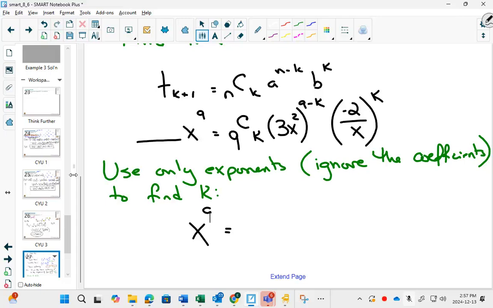And the negative 2 to the k is going to be a number. I'm going to ignore it for now. I'm just going to look at my x's and the exponents. So in my right-hand side here, do you see that you have the x squared, that's to the exponent of 9 minus k? And here I would have an x on the bottom, and it would have an exponent of k if I use my exponent laws.